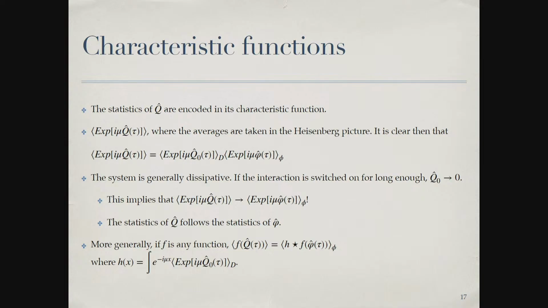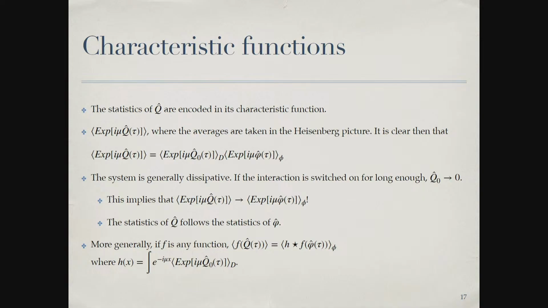So these solutions, even though they're operator valued, decay with time. They decay to 0. That means that if the interaction is wide enough, this Q0 goes to 0, and the characteristic function of the Q at late times becomes the characteristic function in the initial state of the field of this particular field amplitude.